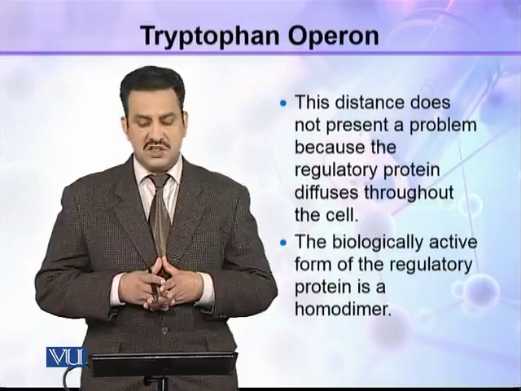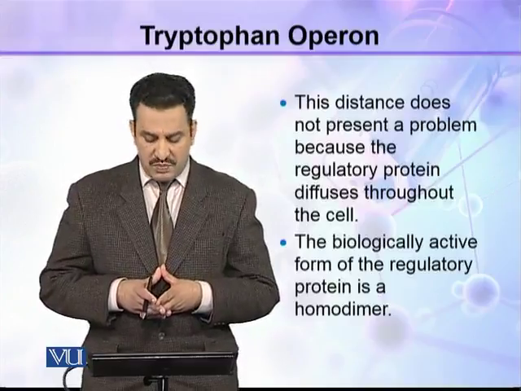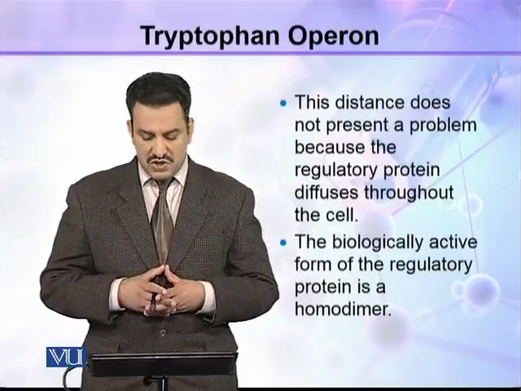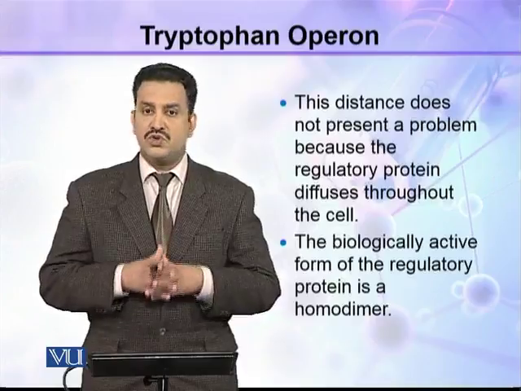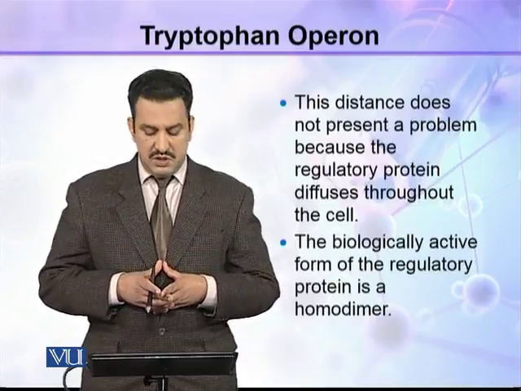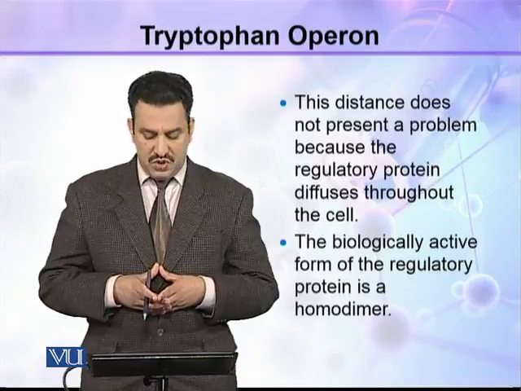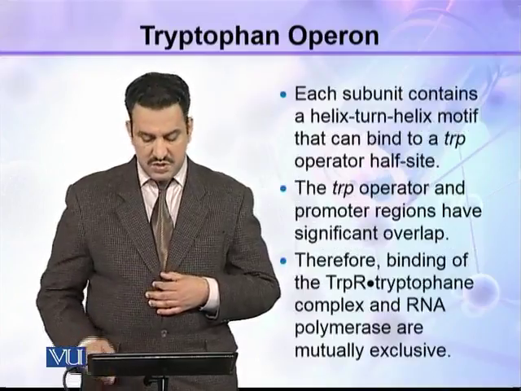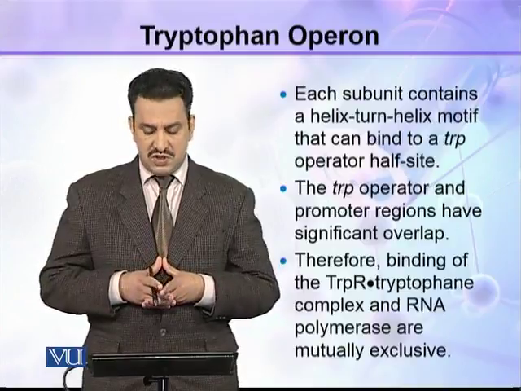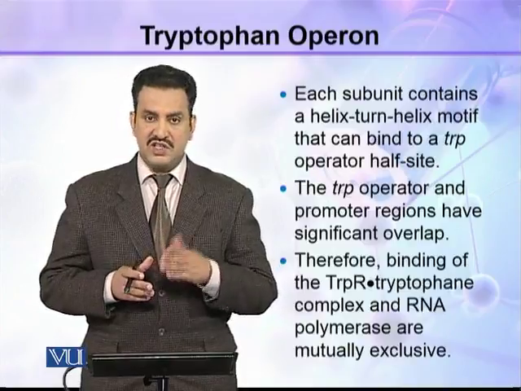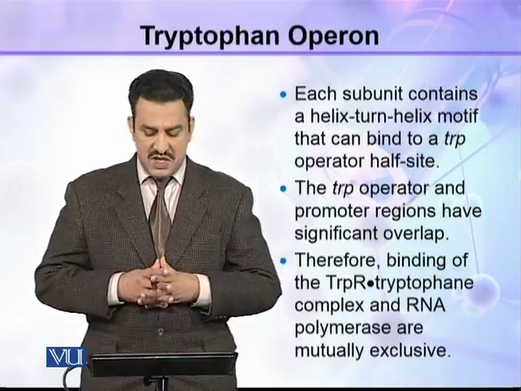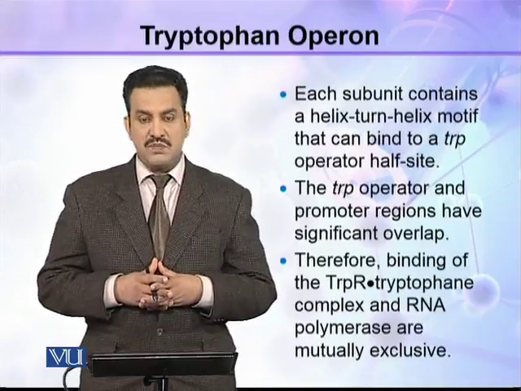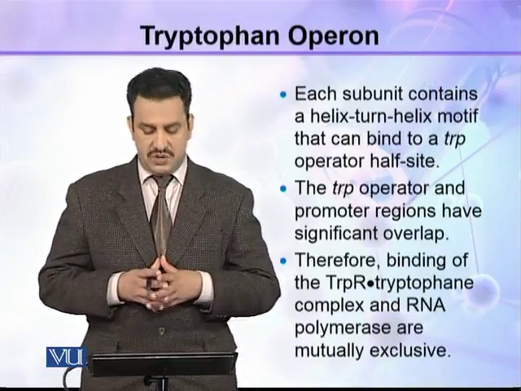This distance doesn't present a problem because the regulatory protein diffuses throughout the cell. The biologically active form of the regulatory protein is a homodimer. Each subunit contains a helix-turn-helix motif that binds to a trp operator half site.